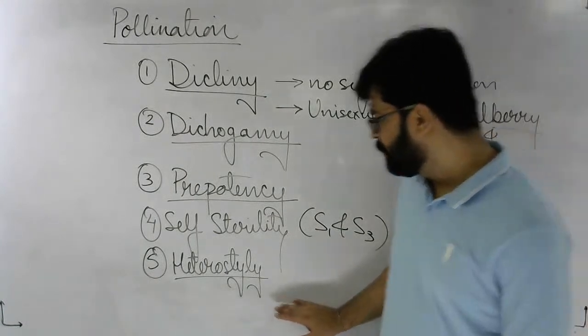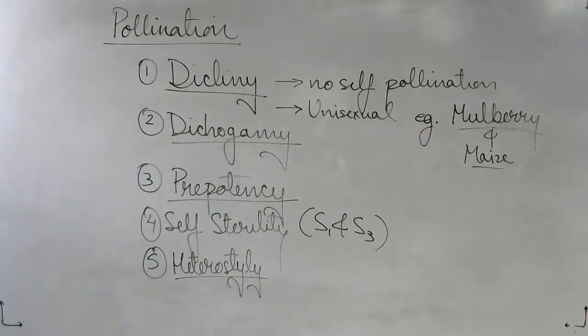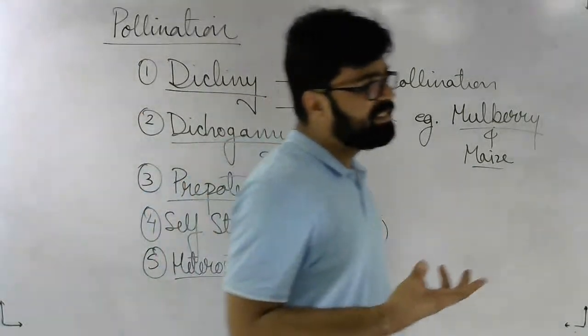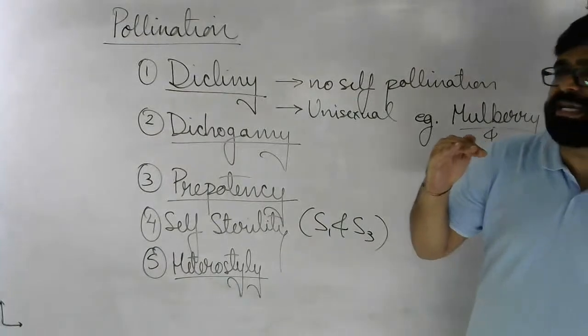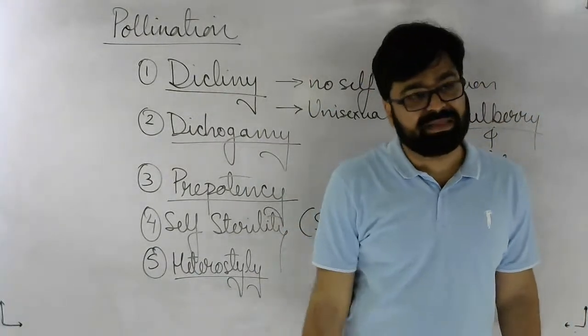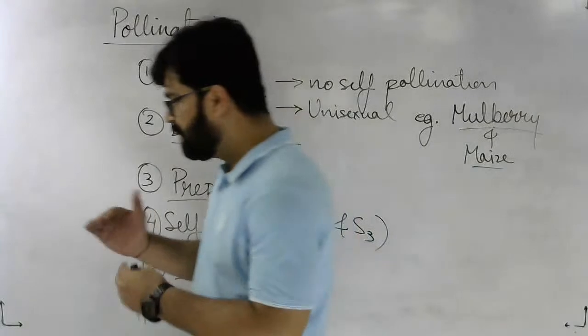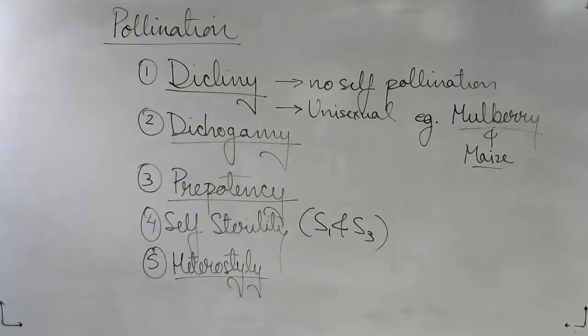Okay, so the length of style varies in different flowers. Okay, and that lead to the phenomena heterostyly. Okay, yes, in some style is shorter than anthers, in others style is longer than anthers, like this. So there is a variation in the length of style known as heterostyly.